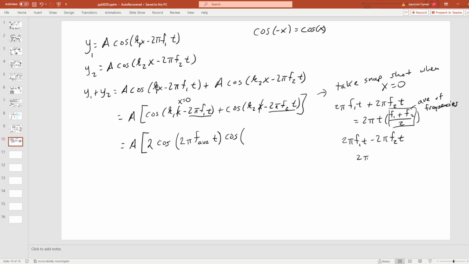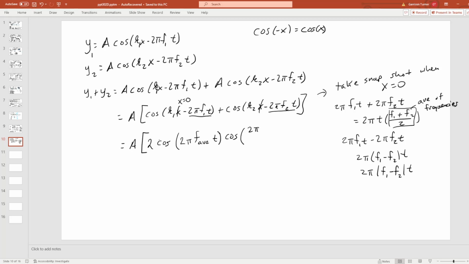This is 2 pi f1 minus f2 times t, right? And because the cosine returns the same number between negative and positive arguments, we also can put these in an absolute value sign, and we do not lose any generalization.